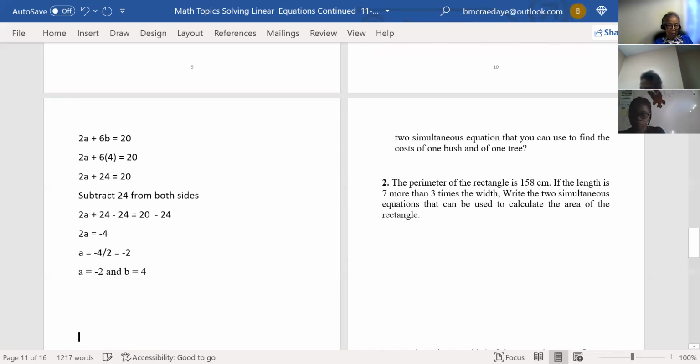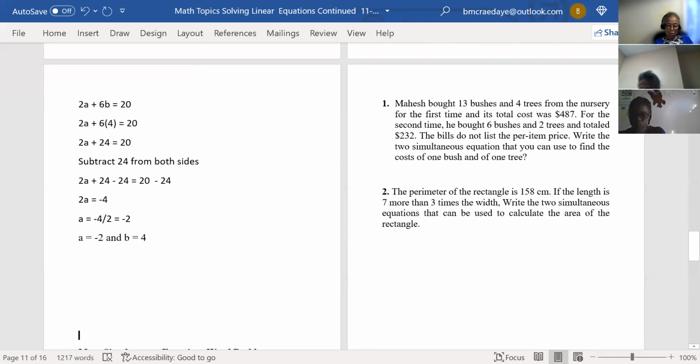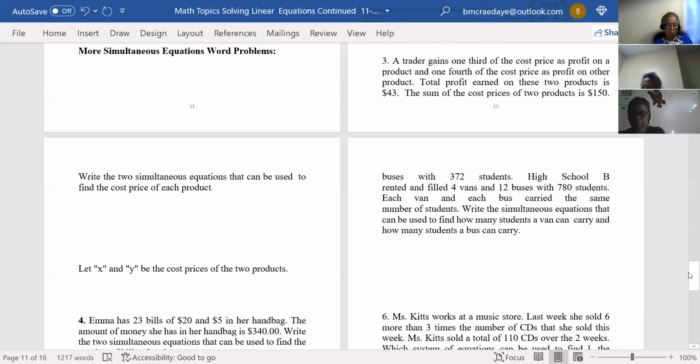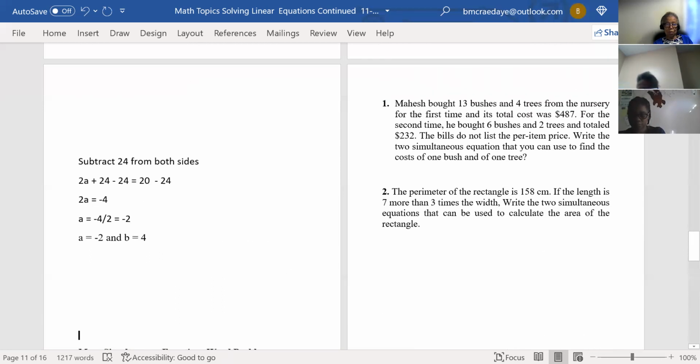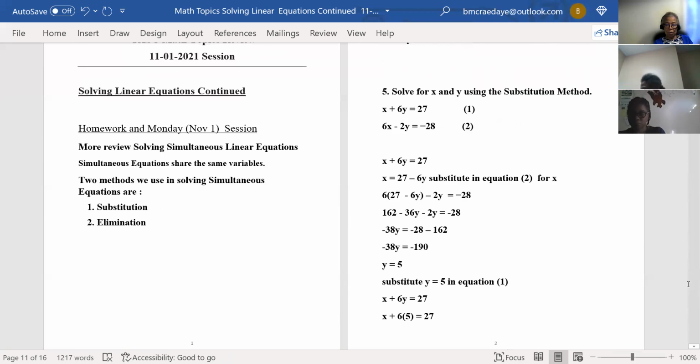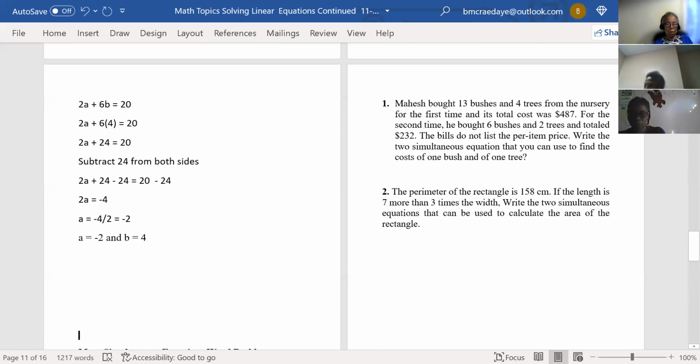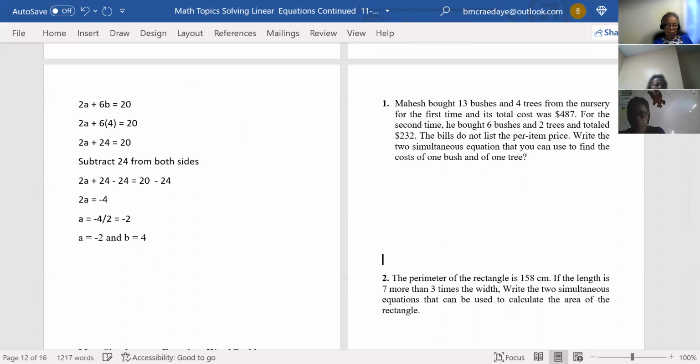Okay, now I have a word problem I want you to do. Let's see if I can bring that down. Okay, here it is. I want you to solve this equation.